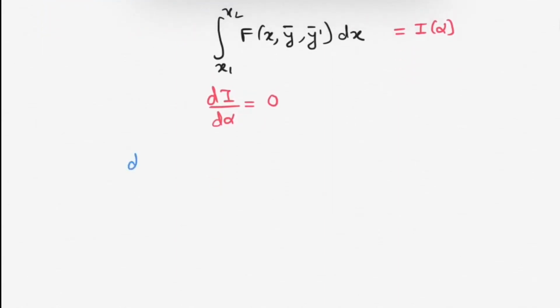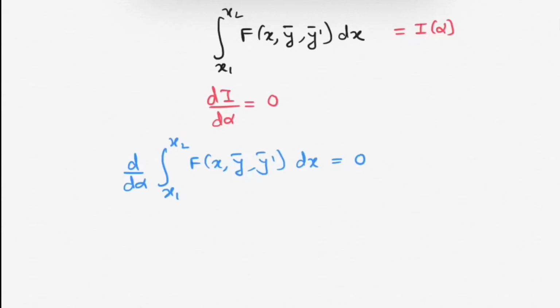So let's solve. We have d over d alpha of integration from x1 to x2 f of x, y bar, y bar prime dx equals 0.